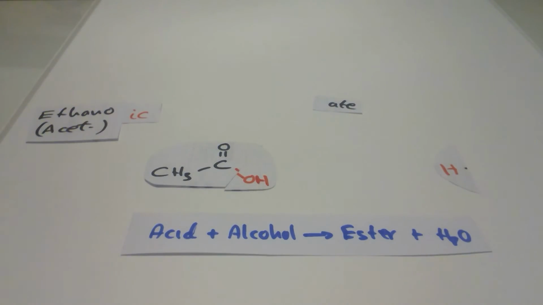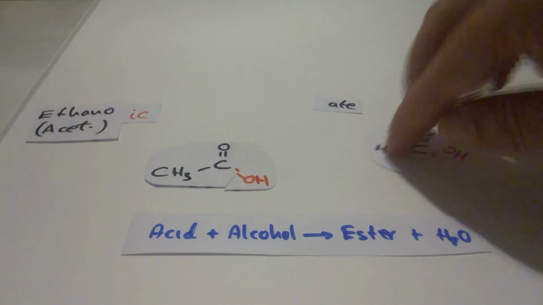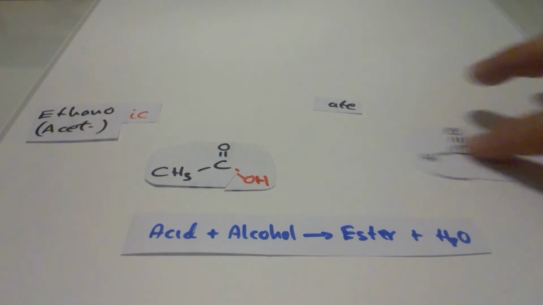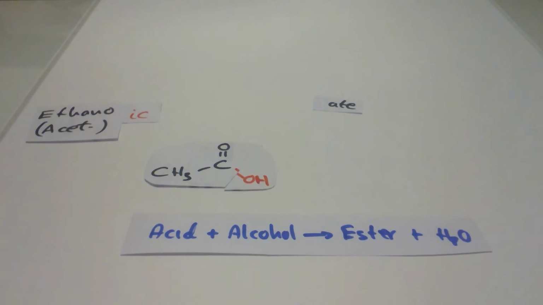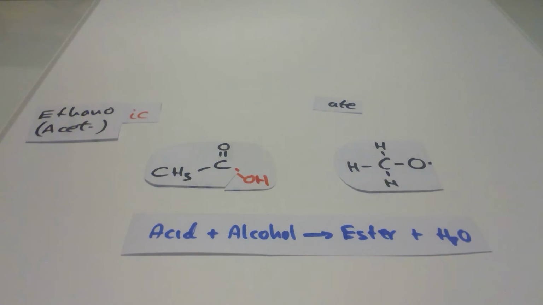Therefore, it will be called ethanoic, or again, for historical reasons, we can also call it acetic acid. Okay, and we're going to make it react with the methanol, that is the alcohol with one single carbon atom that has its own hydrogen in the beginning.